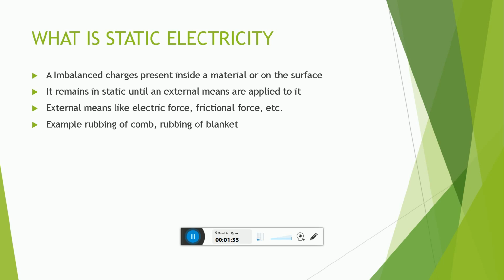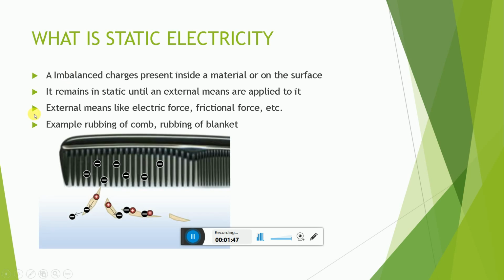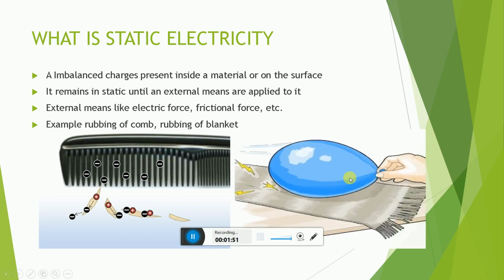And rubbing a blanket, when you go inside the blanket at night, you find some sparkles coming out of the blanket. This is due to static electricity. So you see here the comb attracts a piece of paper, and this is the rubbing of the blanket.